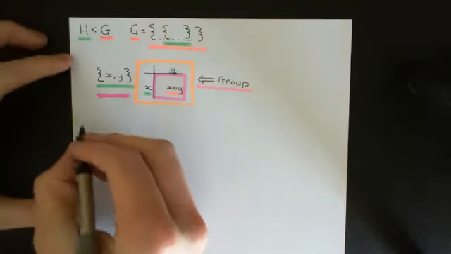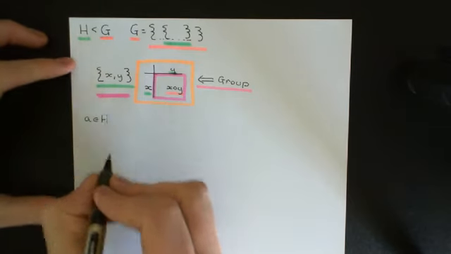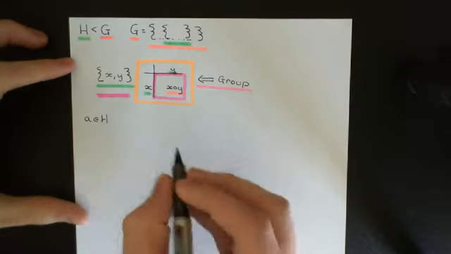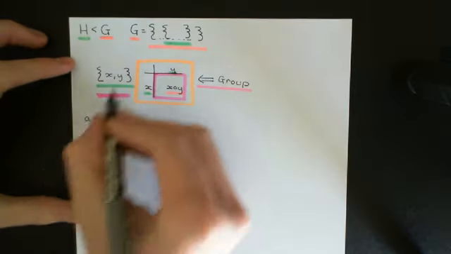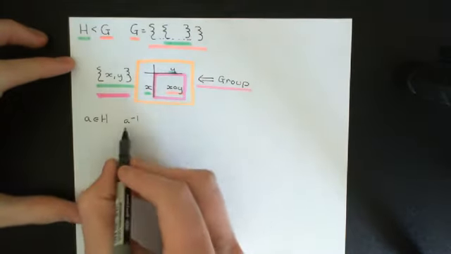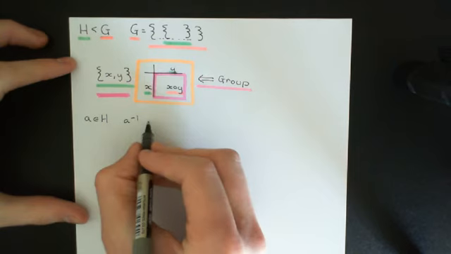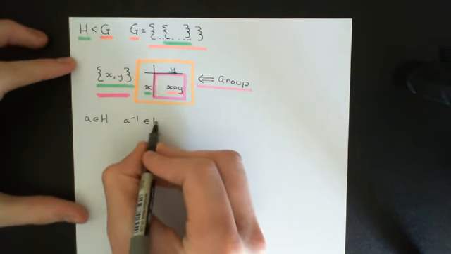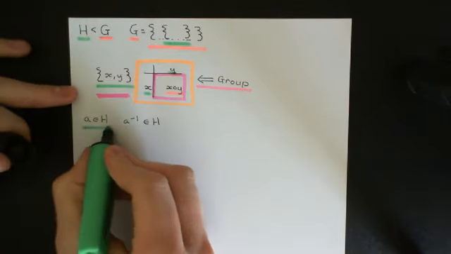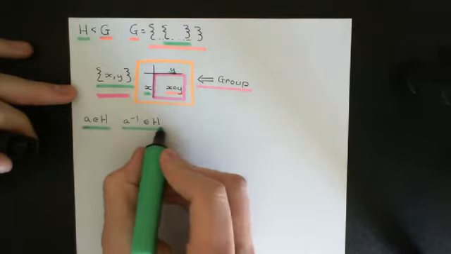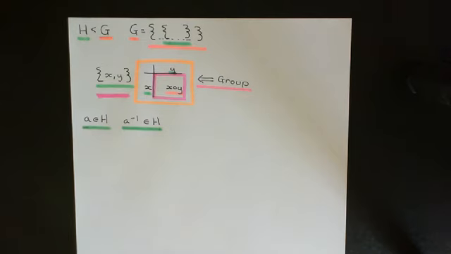And finally, axiom number 4, inverses. If I have an arbitrary element, little a, which is an element of my subset, capital H, then I know that in capital G there will exist a inverse, because a is an element of capital G, and G is a group, so there must exist the inverse element in capital G. What I'm saying now is that I also need that inverse element to be in capital H. So if you have any element, little a, in H, you need to make sure you've also included its inverse element from capital G in your subset, capital H, if it's going to be a subgroup.